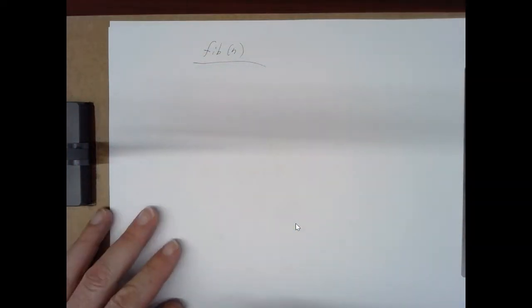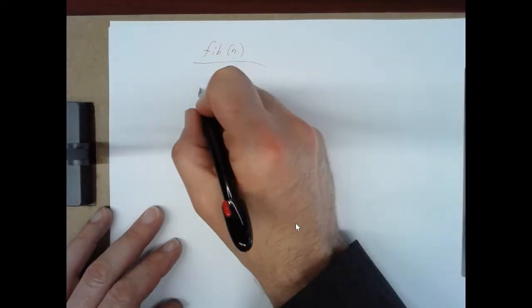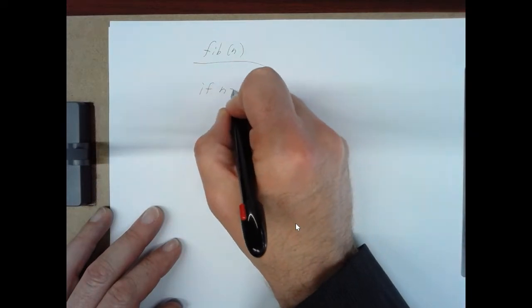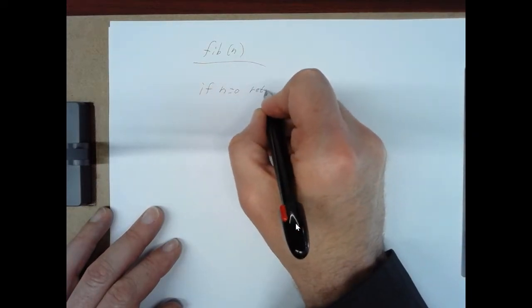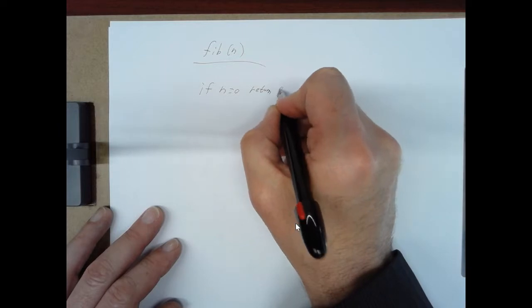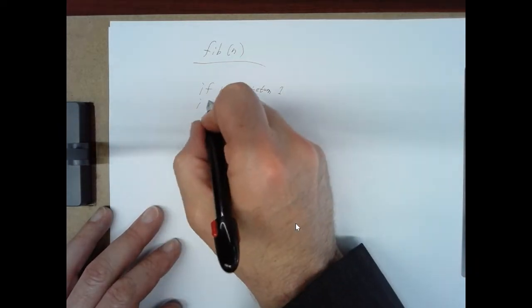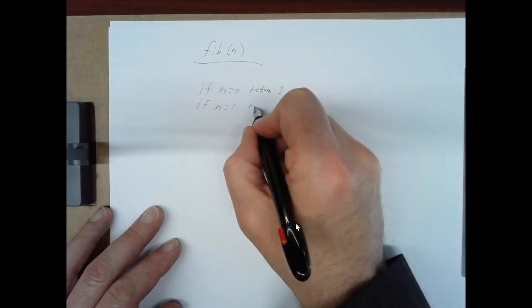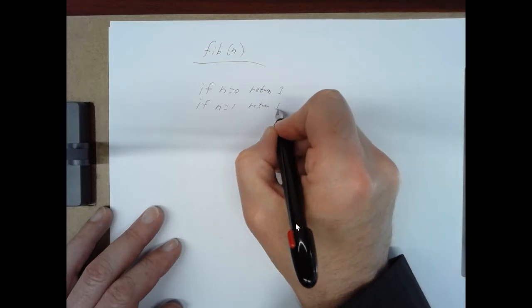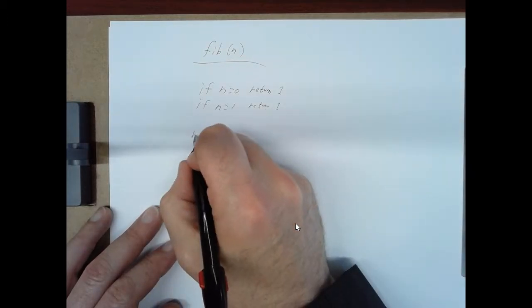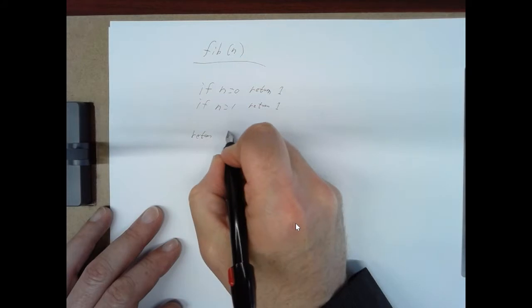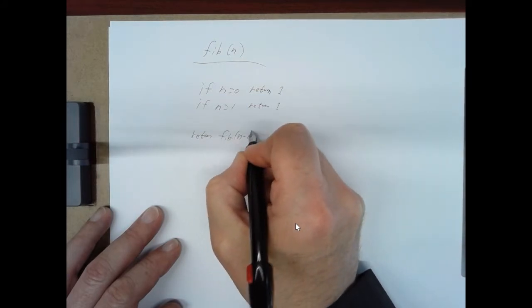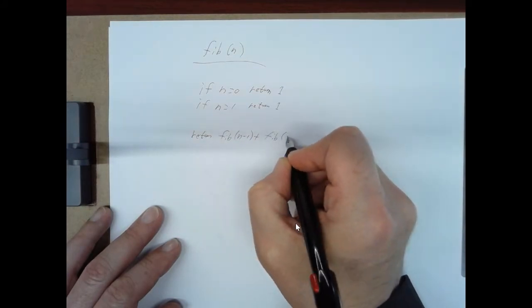So let's write a function to find the nth Fibonacci number. So if n is equal to 0, we'll just return 1. If n is equal to 1, we'll also return 1. Otherwise, we'll return fib of n minus 1 plus fib of n minus 2.